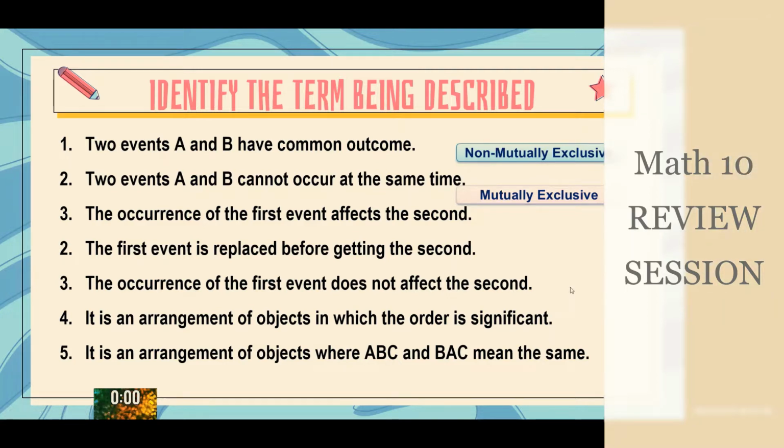Number 3, the occurrence of the first event affects the second. So what is this, Valerie? Number 3, the first event will affect the second event. This was our lesson last Tuesday. Valerie, are you there? Okay, what about Aries? Number 3, what's the answer?